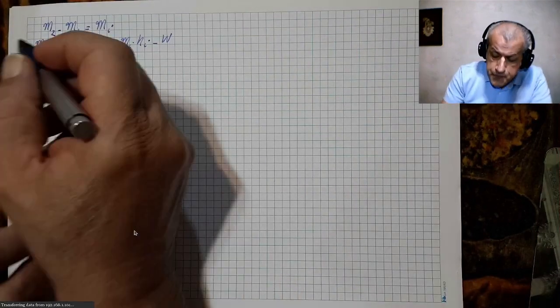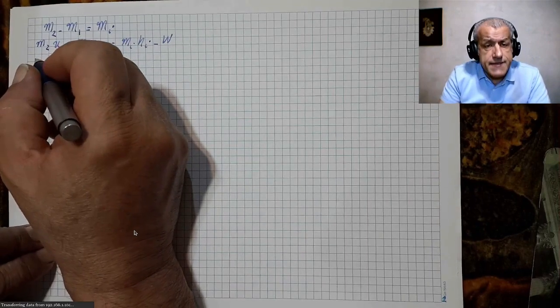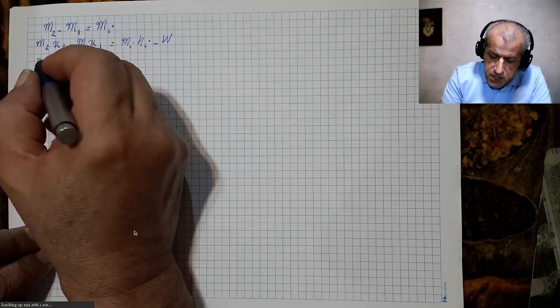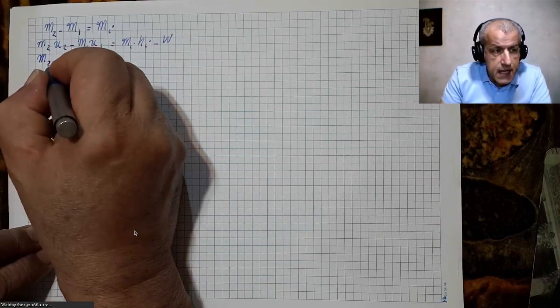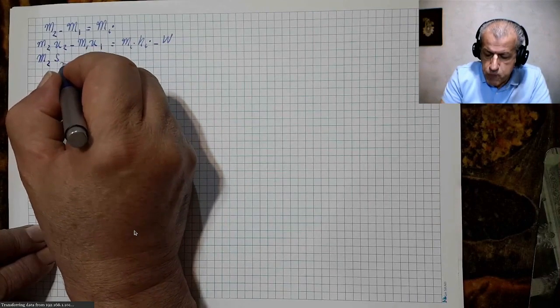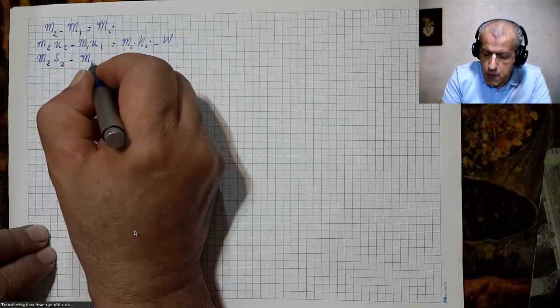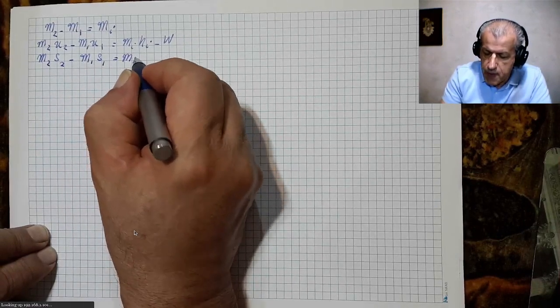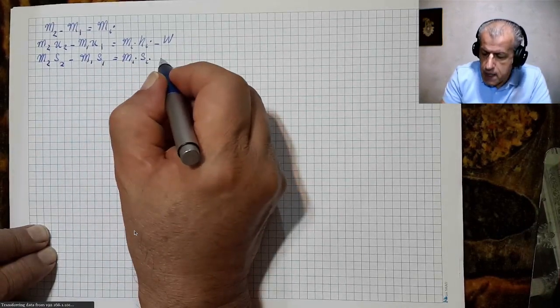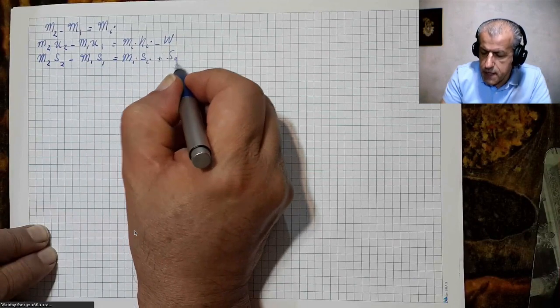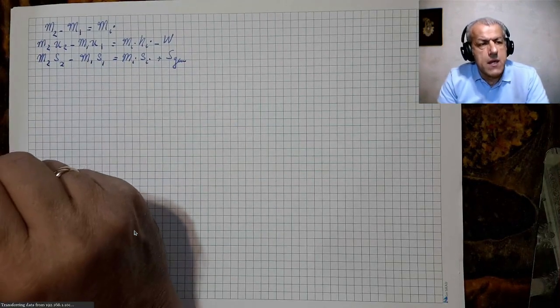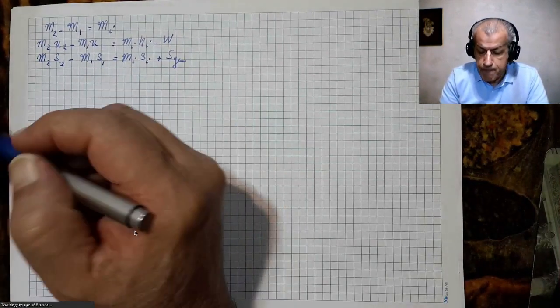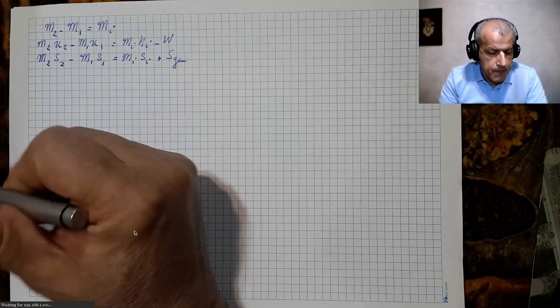So the simplified version of the second law is m2 s2 minus m1 s1 equals mi si plus all the entropy generated through this process.